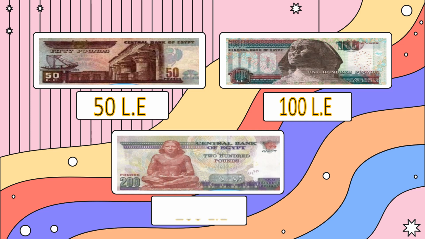Look at here, it's 100. So it is 100 pounds or 100 LE. The last banknote is 200. 200 pounds or 200 LE.